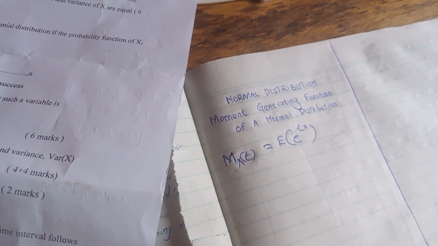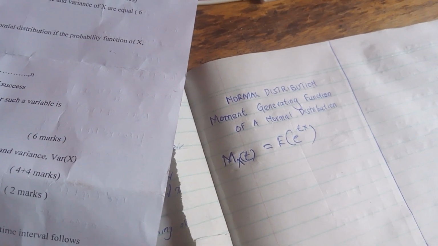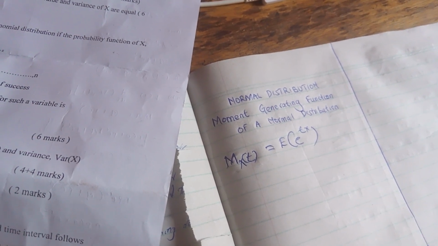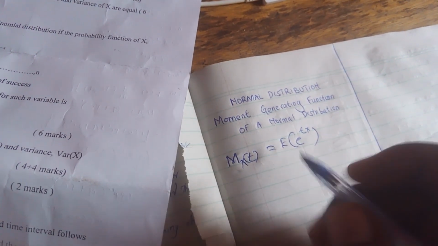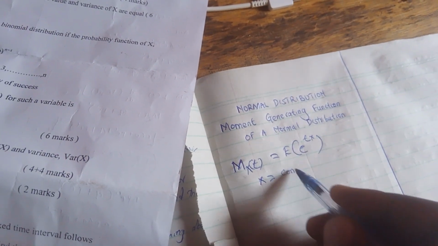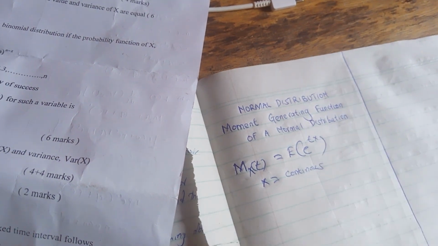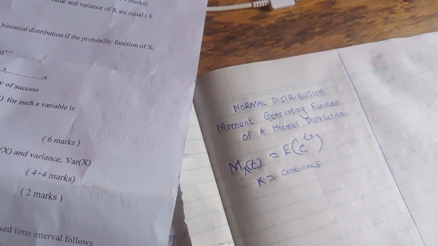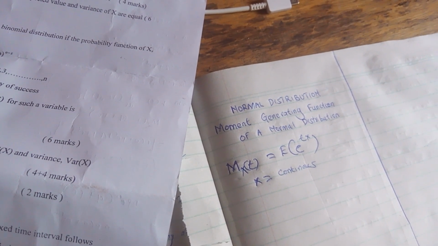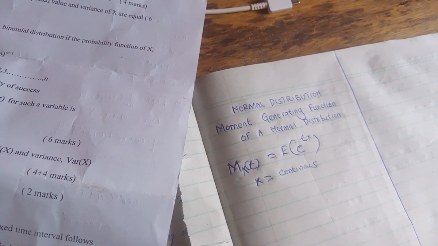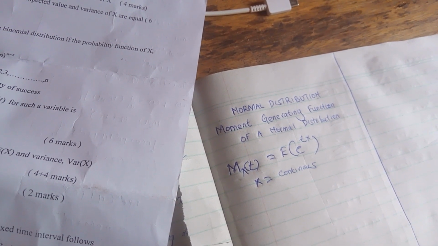But we all know that since the normal distribution is a continuous distribution, we will have a random variable x, and this variable will be continuous. And we always said the expected value of a continuous random variable is obtained by integration, instead of the summation of the probability mass function.